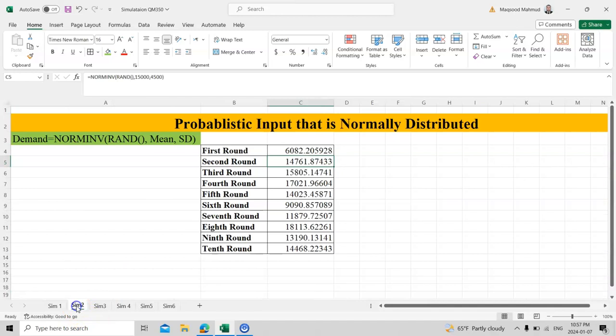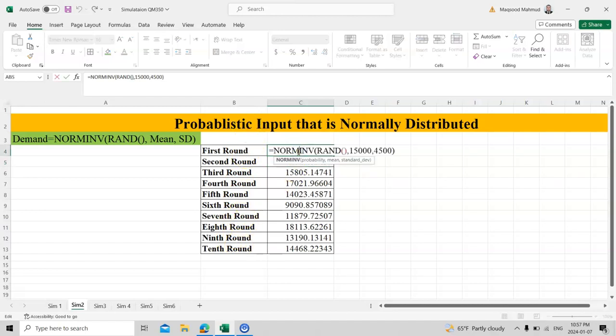Now let's see some other questions. For example, if your data is normally distributed and you have intervals, and you want the inverse of that random number, you use the formula NORM.INV, right?